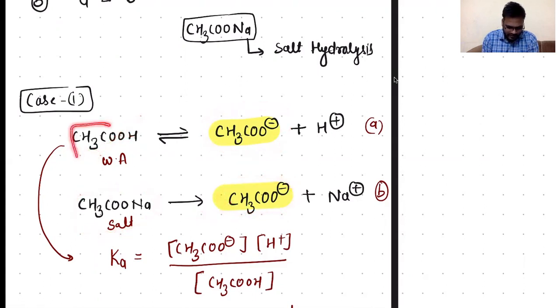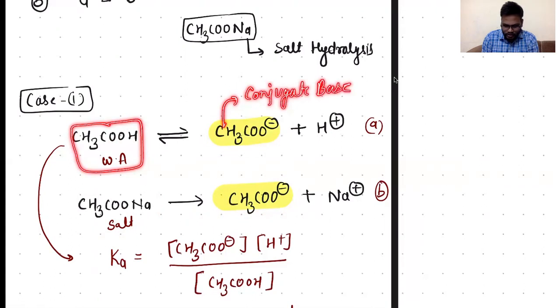Also, if this is the weak acid, then this is its conjugate base. It is the conjugate base of the weak acid.